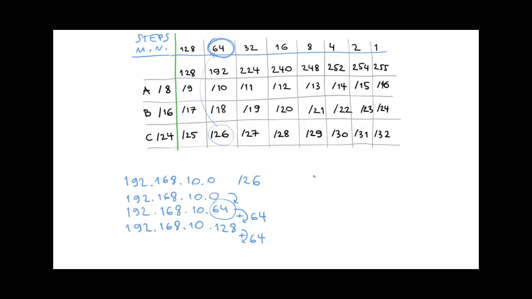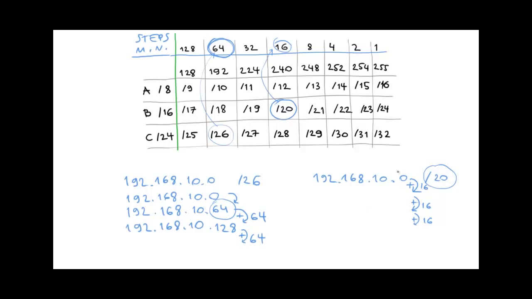Let's take another example. 192.168.10.0, but a different subnet mask. Let's say /20. Okay, we're looking for 20 in the table. Once we found it, we look in the same column but the top row. We find number 16, and the 16 now becomes the step between the subnets using this subnet mask. So we need to add 16, another 16 for another network, another 16 for another subnet, and so on.